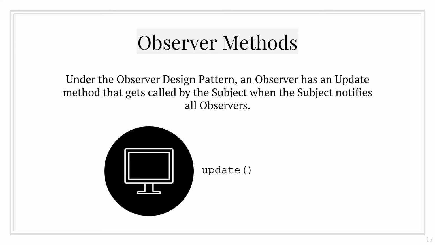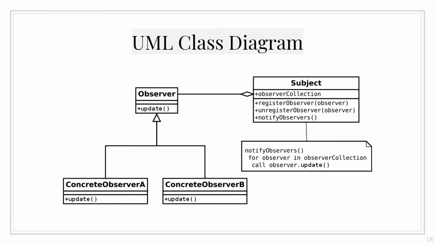We can see all of these in the UML class diagram here. On the lower left side, we can see multiple concrete observers. They could be doing their own thing, but they both implement the fact that an observer has an update method, and that observer can exist independently of the subject, with this diamond arrowhead connecting the observer to the subject.